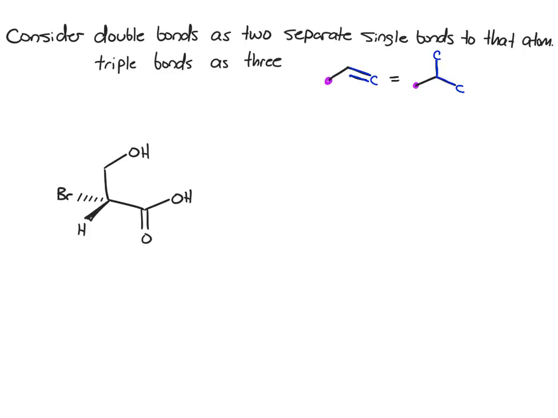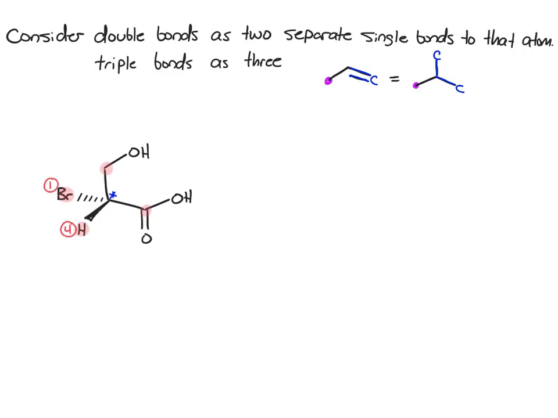Alright, so let's look at this example down here. We have our chiral center. Again, as we've been doing, look at the atoms directly attached. We have a bromine, hydrogen, carbon, and carbon. So it's easy to say priority 1's bromine, priority 4's the hydrogen, but how about the 2 carbons?